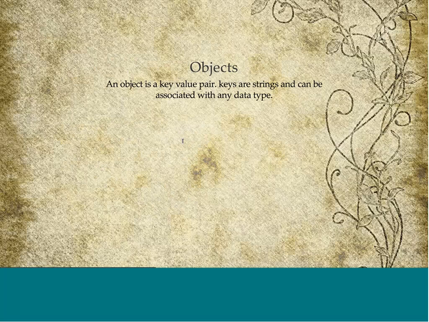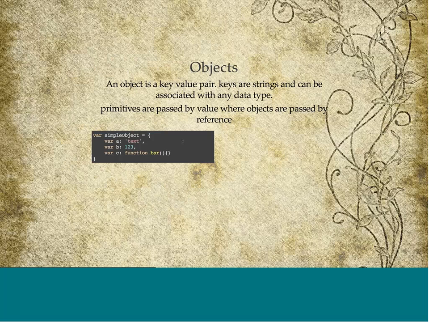Okay, objects. In JavaScript, pretty much everything is an object, and what an object really is, is nothing more than a key value pair of items, where the keys are strings and are associated with a data type. Primitives are passed by value and objects are passed by reference. Here's a very simple object.